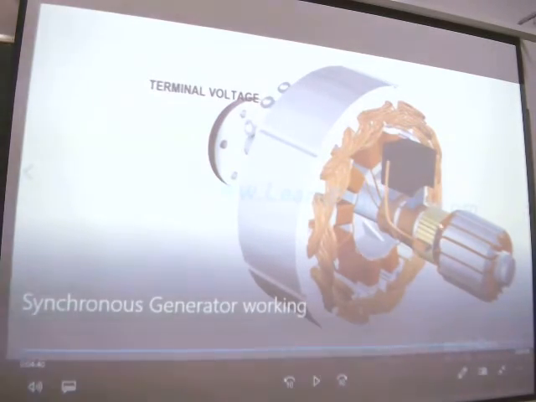So we see here the DC power is from this DC generator. So there are brushes and the commutator, like 4 brushes here.